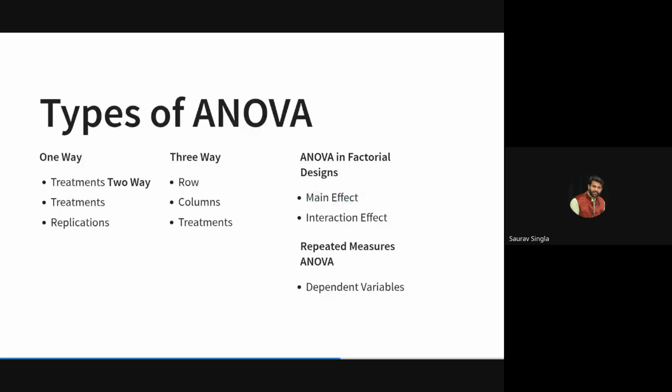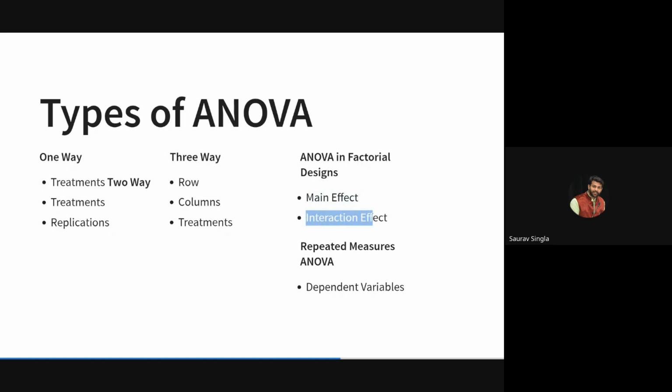And when they are studied together, to see if there is dependence or not, that is called the interaction effect. Okay, so it will come under the ANOVA of factorial design, in which the interaction effect is being considered.